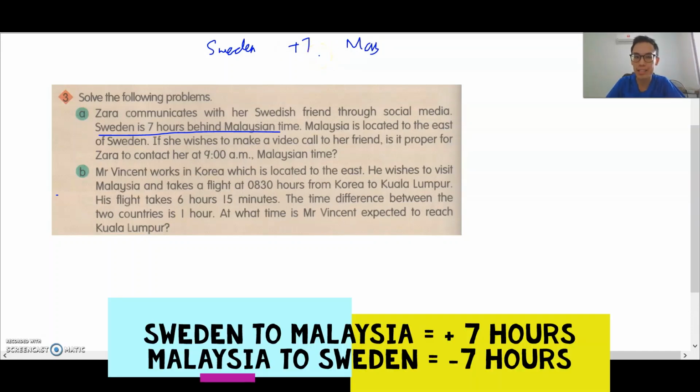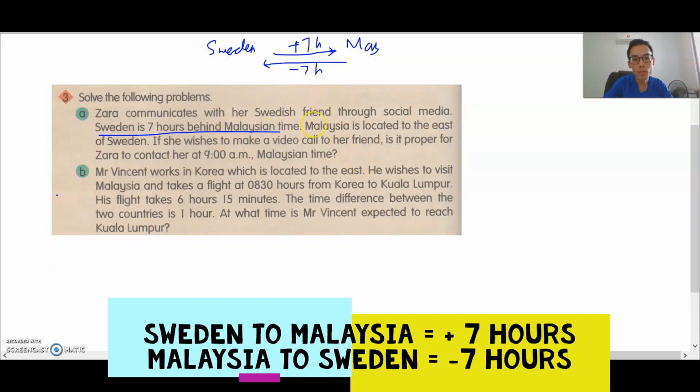We are in the east, Sweden is in the west, so they are 7 hours behind us. So if you change from Sweden to Malaysia, you have to plus 7 hours. But if you change from Malaysian time to Swedish time, you have to minus 7 hours. So it depends on how you're looking at it.